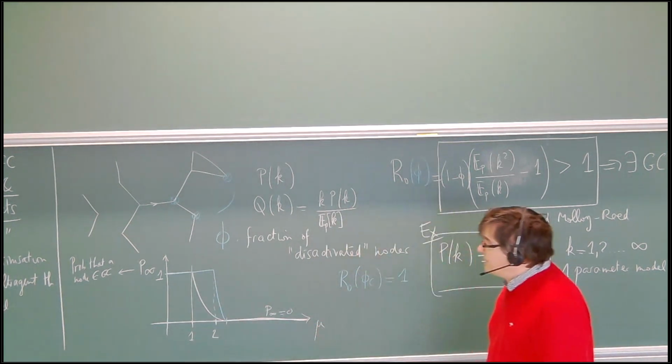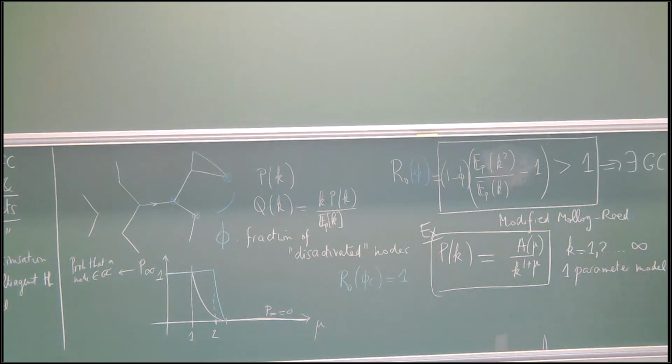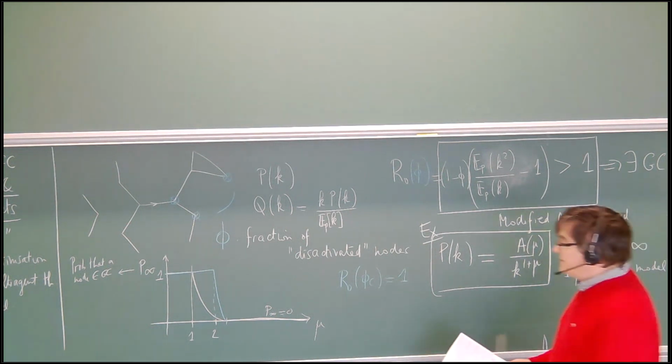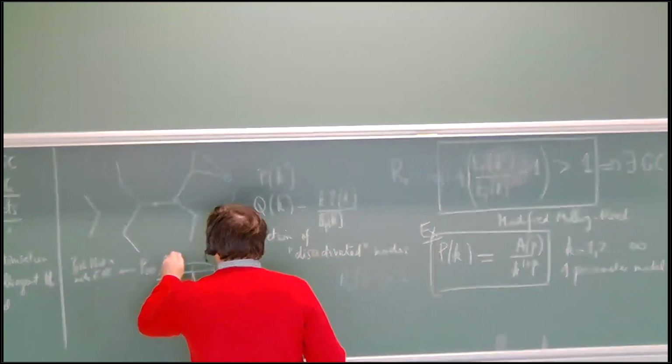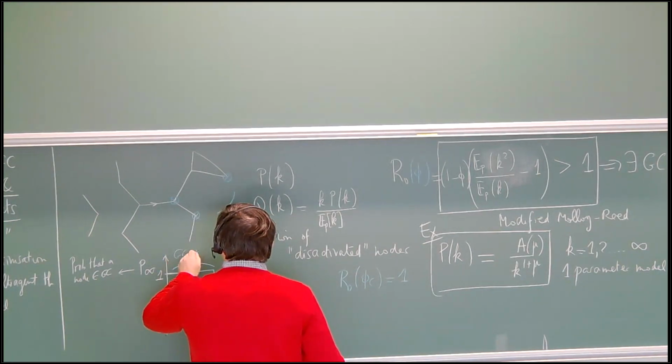And for mu equal 2, if you want to get rid of the giant component, you need to remove a fraction of sites, a fraction of nodes, which is equal to 1. So this means that in this whole region, the giant component is resilient.